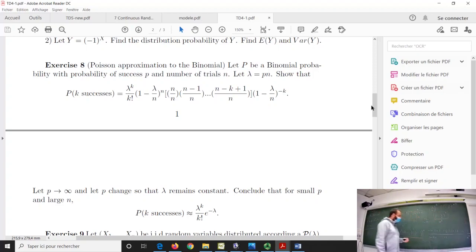So you see that I have a lot of simplifications here. I can simplify all these terms, and it remains n times n minus 1 times n minus 2 up to n minus k plus 1, divided by n to the power k.